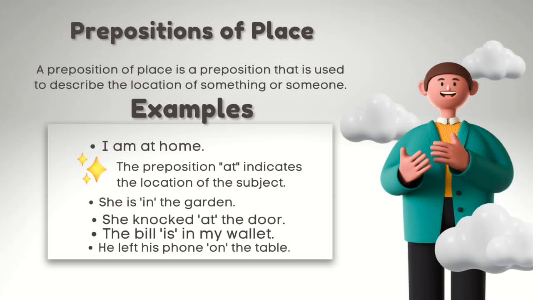Not beside the door, not behind the door, not after the door, but at the door. Many people in the Nigerian context usually think she knocked on the door is correct, however, she knocked at the door is most correct.